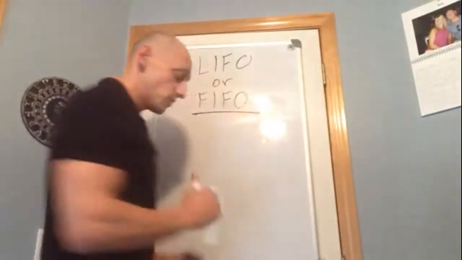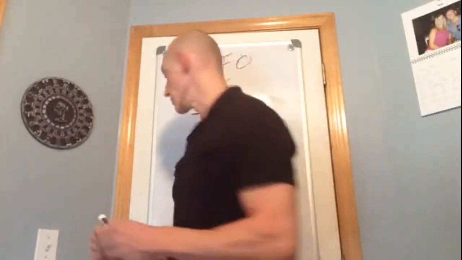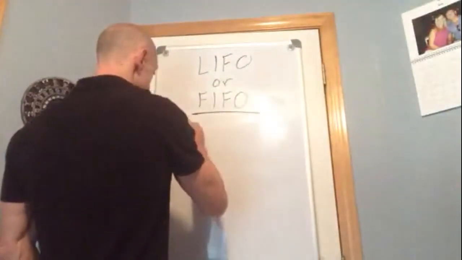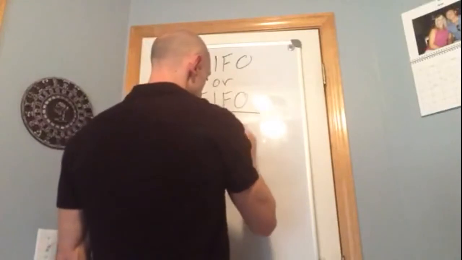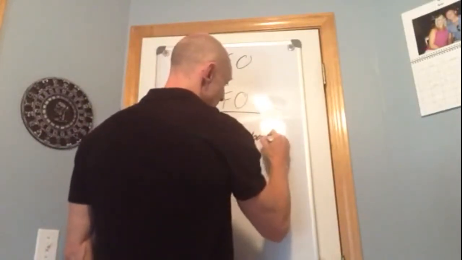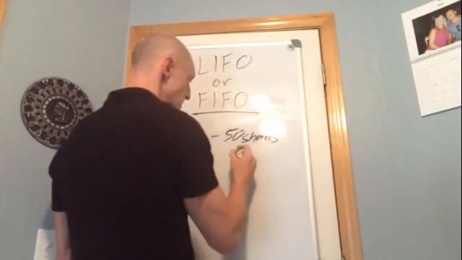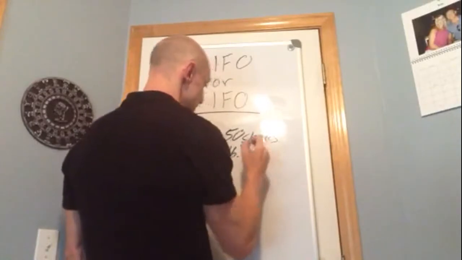Basically, it helps you when, let's say you go in on a stock. You invest in a stock, and you buy two different orders at two different prices. So, for example, stock XYZ, let's say your first order, you buy 50 shares, and let's say you buy them at, I don't know, $16.50.